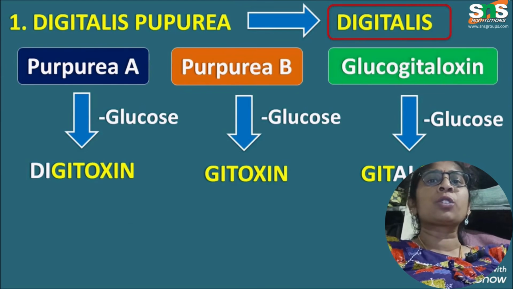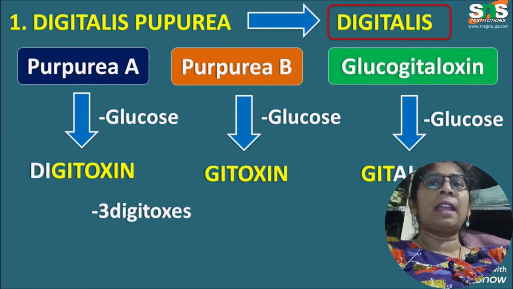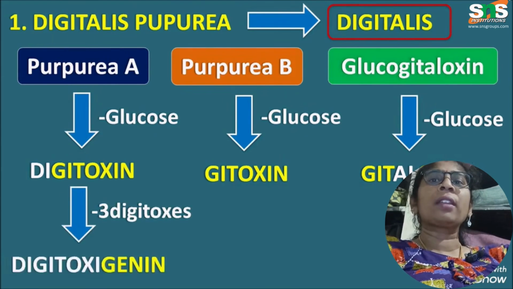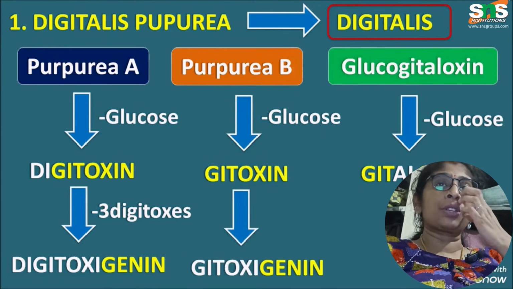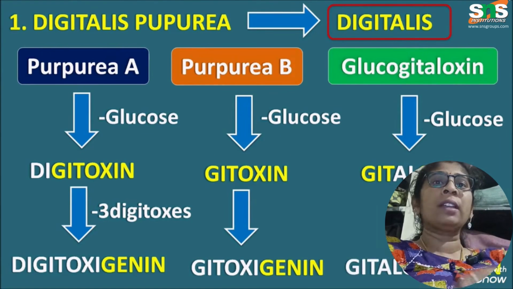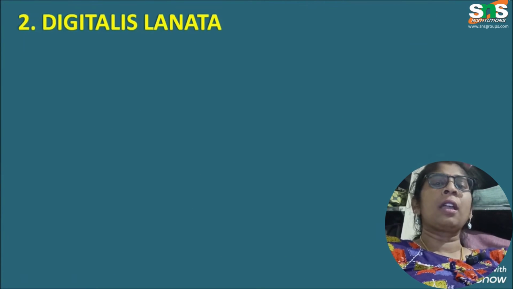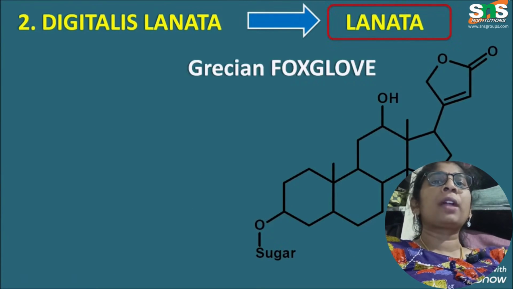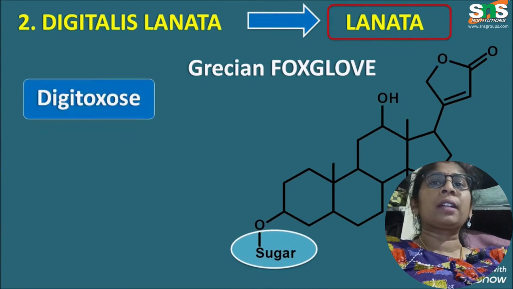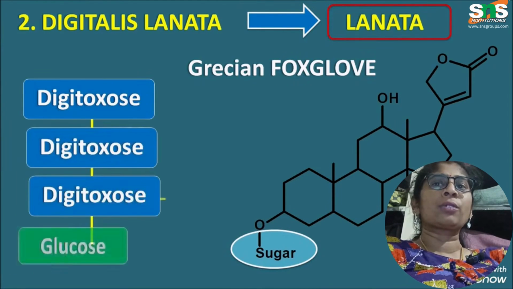Then you can observe pink or red color in alkaline layer, indicating presence of anthraquinone glycosides. Keller-Kiliani test, extract plus glacial acetic acid plus ferric chloride plus concentrated sulfuric acid gives reddish brown ring, and the presence of cardiac glycosides. Legal's test, add sodium nitroprusside plus sodium hydroxide. You can observe pink or red color, and the inference is cardiac glycosides.